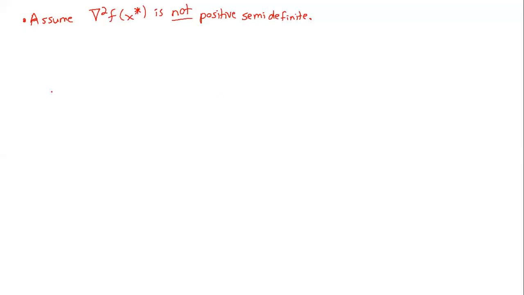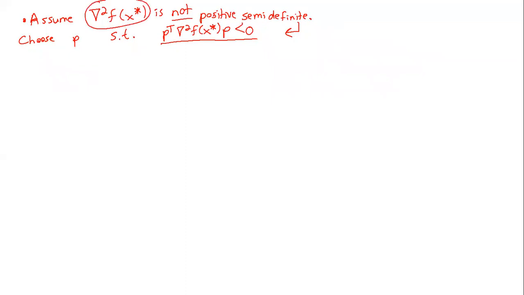We're going to do something very similar, where we're going to say, then choose some p such that p transpose del squared f of x star p is less than 0. So how did I get this? This is related to semi-definiteness. So we're saying this is a matrix.